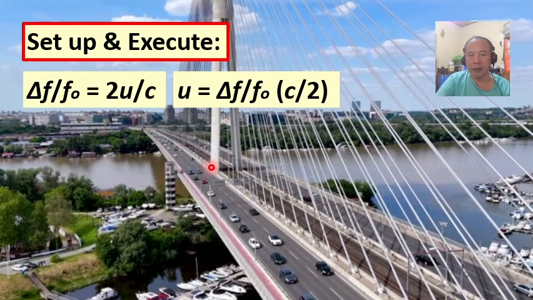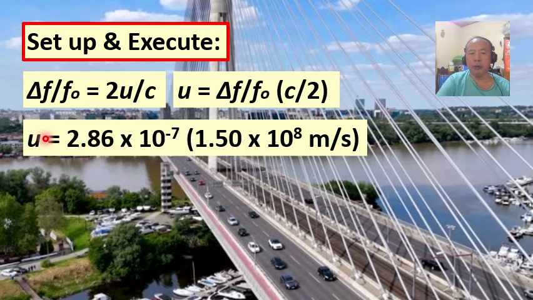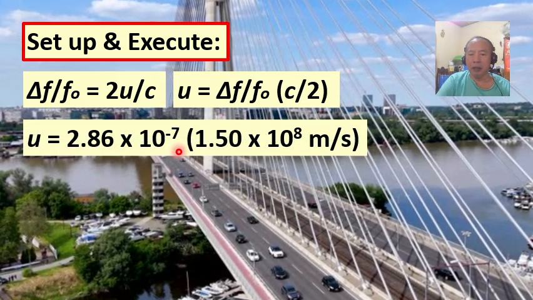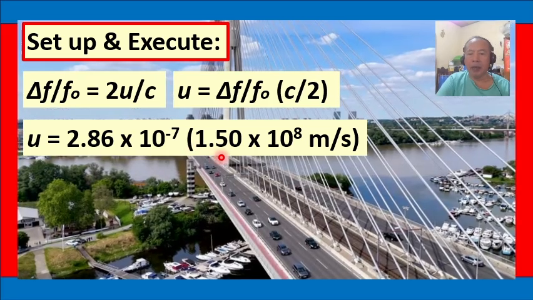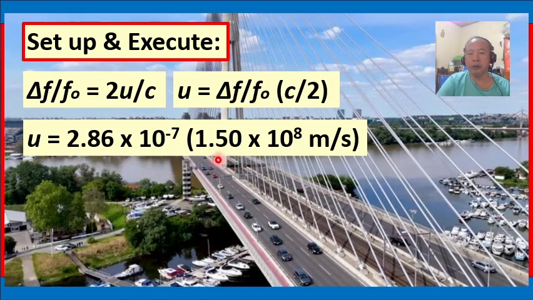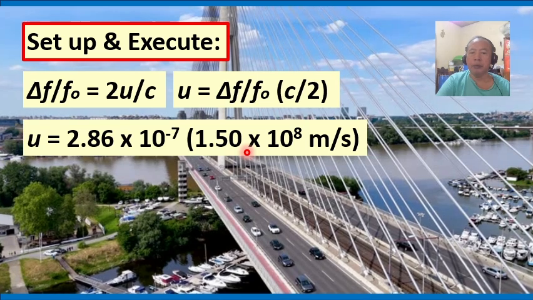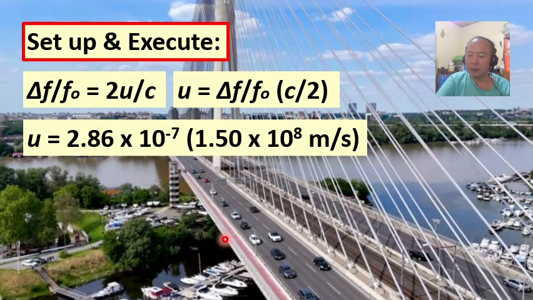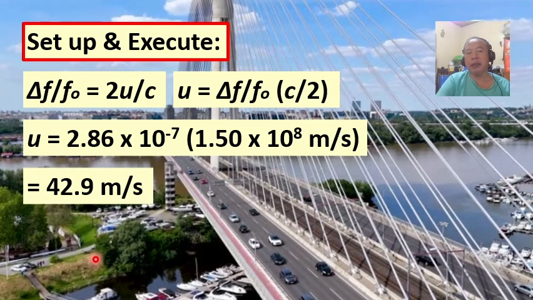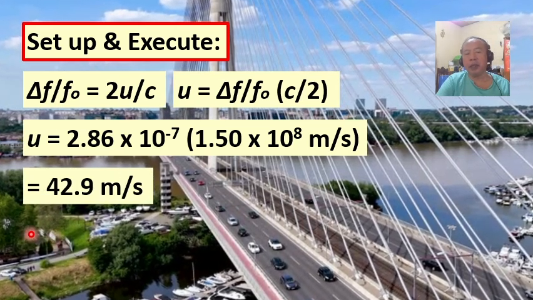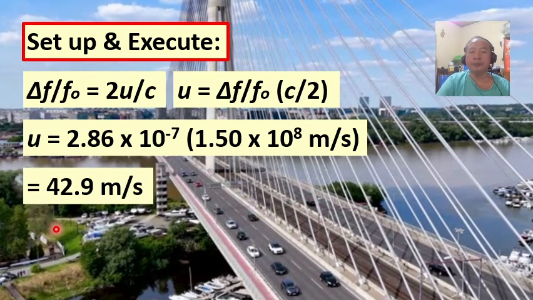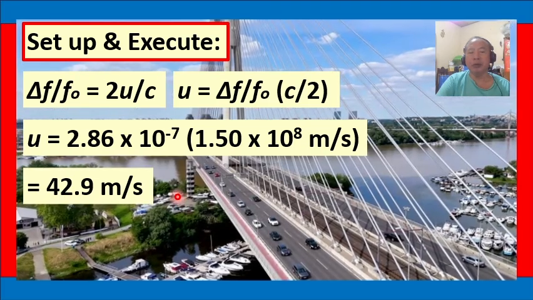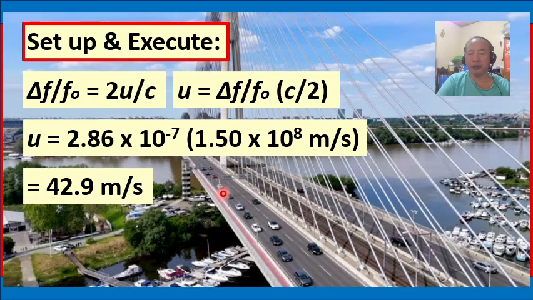That is, the speed of the baseball u equals 2.87 times 10 raised to the negative 7 multiplied by half the speed of light in vacuum, or 1.50 times 10 raised to the 8th power meters per second. So when we do our math, we get the speed of the baseball equal to 42.9 meters per second, rounded to 3 significant figures.